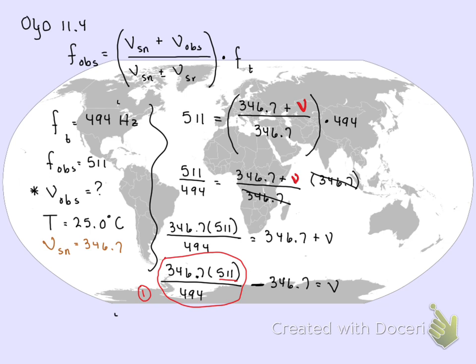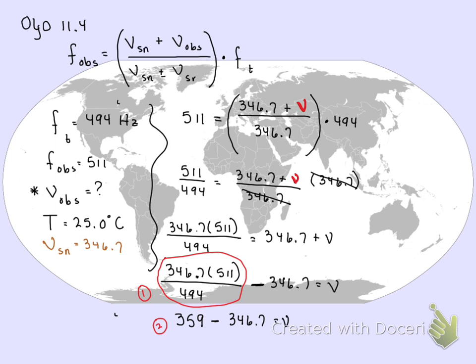So again, just to find the answer here, we'll have to do this in 2 parts. So when we do that particular part of the equation and round to 3 significant digits, we'll get 359. Okay? Minus the 346.7. That is now the second rule, which is subtracting. And of course, addition as well follows the same rule.